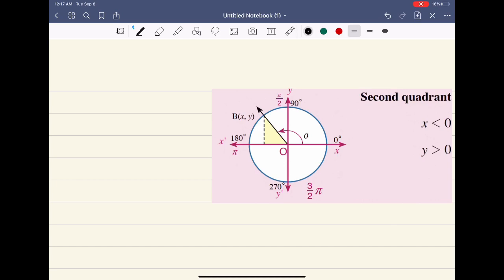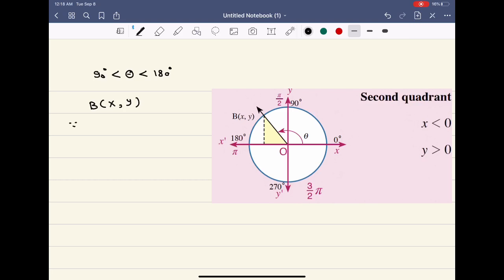If the terminal side of the angle in the standard position intersects with the circle in the second quad, then the measure of theta is more than 90 degrees and less than 180 degrees, and B consists of x and y.